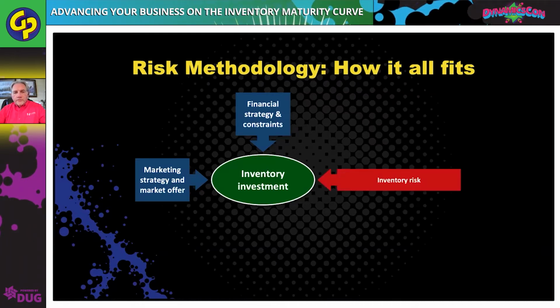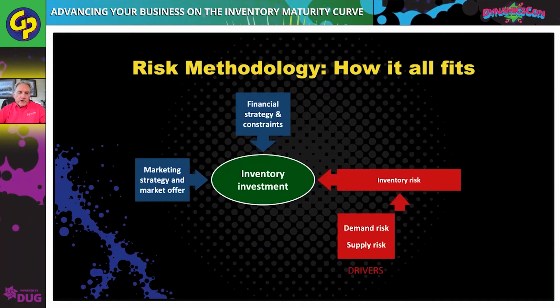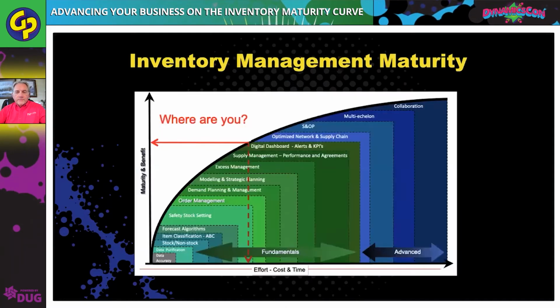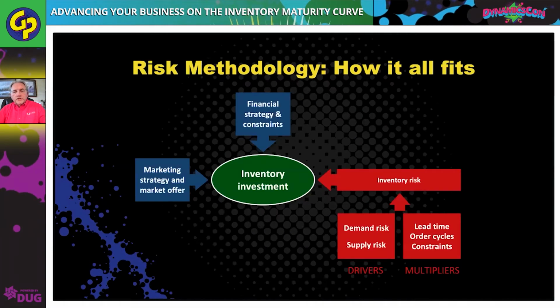And then, of course, both of those strategies are also impacted by what we just talked about in terms of inventory risk, right? This is a key factor that we just discussed. There are a couple of key pieces to that, the demand risk and the supply risk that we just described as being drivers to this analysis. And there are also some multipliers, if you will.